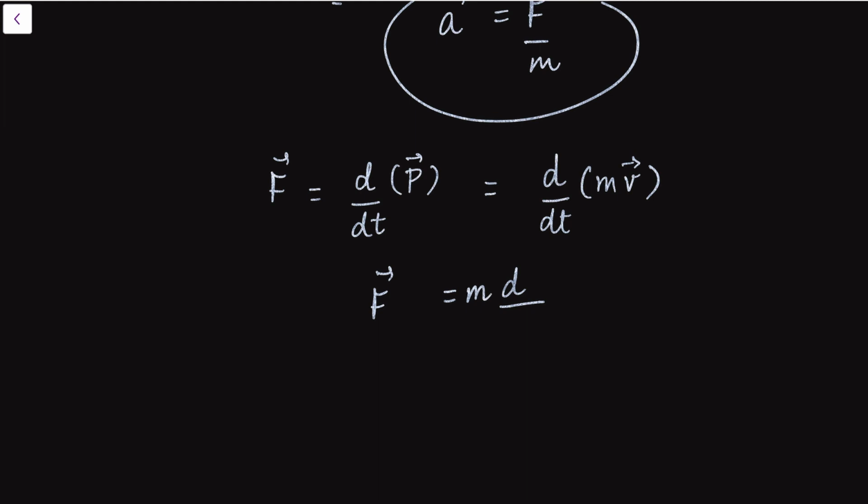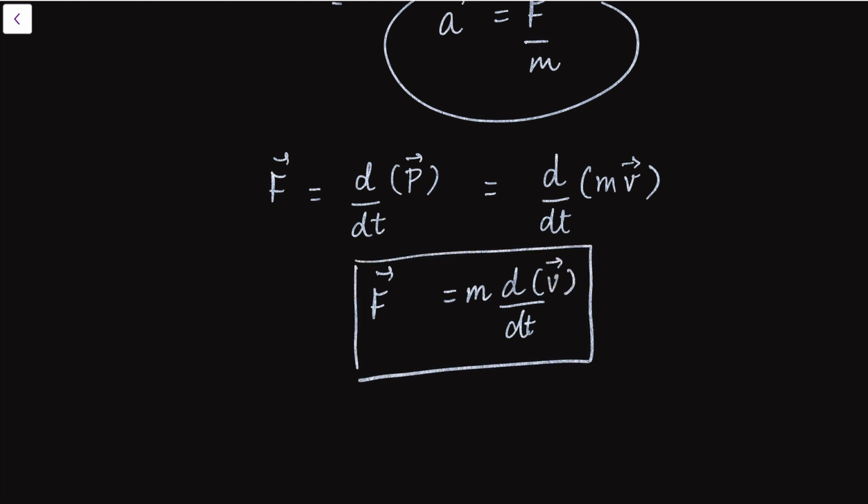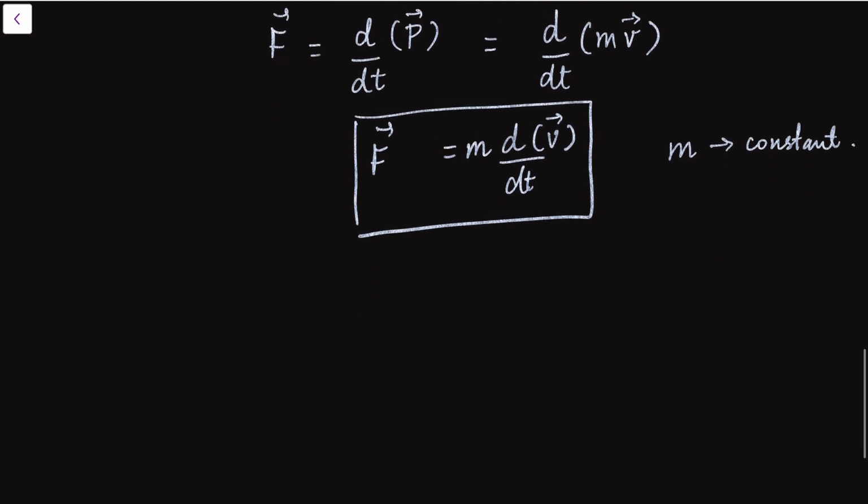since mass is constant, we can take it out of the derivative, and force will become mass multiplied by the first derivative of the velocity. Now this equation is valid only if m is constant. We can also write this equation in different form.